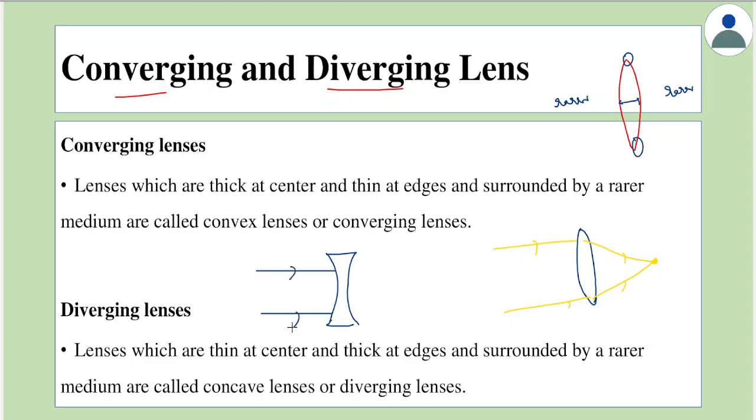So if a light ray falls on this which is parallel, these are diverged like this. Now this is called a concave lens. Do remember that in most cases, a convex lens is like a converging lens, and a concave lens behaves like a diverging lens. There are instances where the property would be changed, but we will see when that happens. But for now, assume that convex lenses are like converging lenses, and concave lenses like diverging lenses.